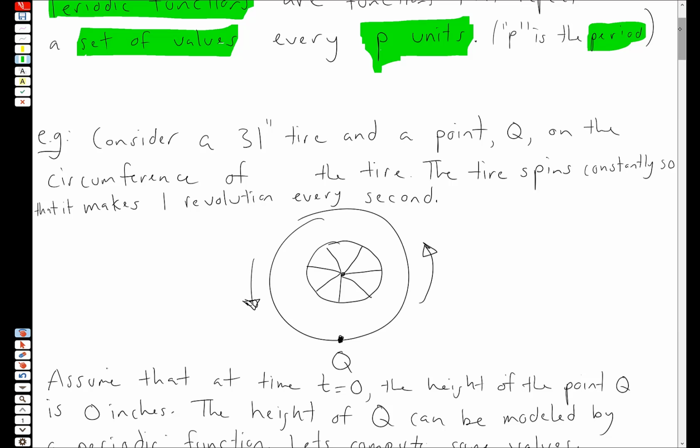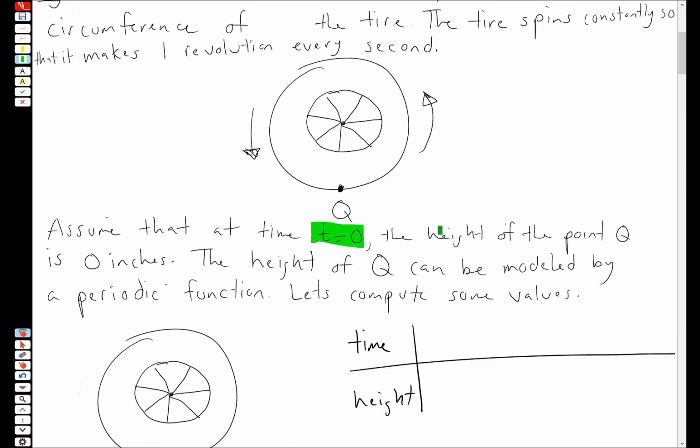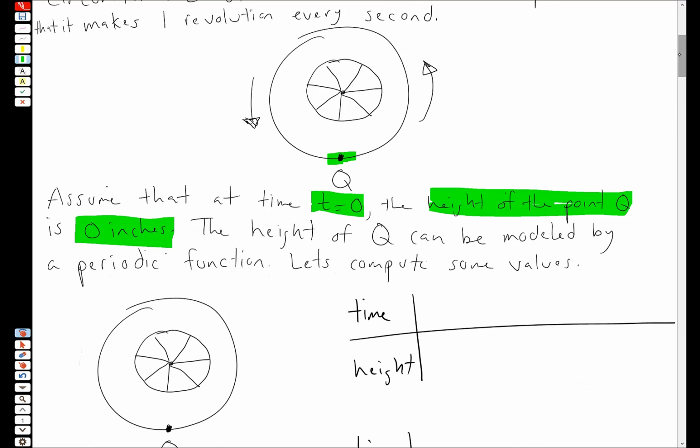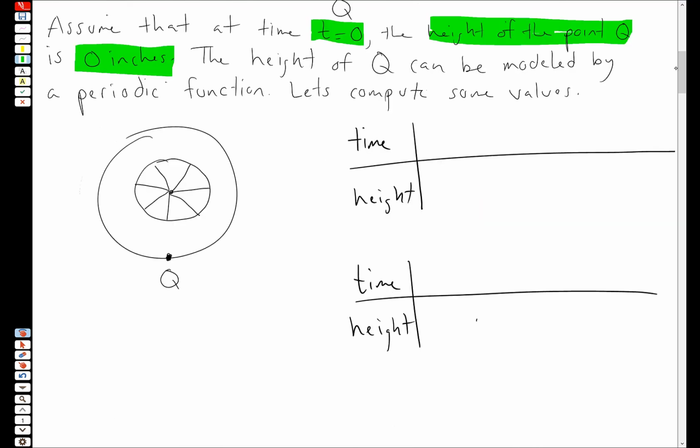Assume that at time t equals 0, the height of the point Q is 0 inches. So again, Q, like in our picture here, is at the bottom when it starts. The height of Q is actually a periodic function, and that's what we're going to investigate here. So what we know about this tire is that every second it makes one revolution.